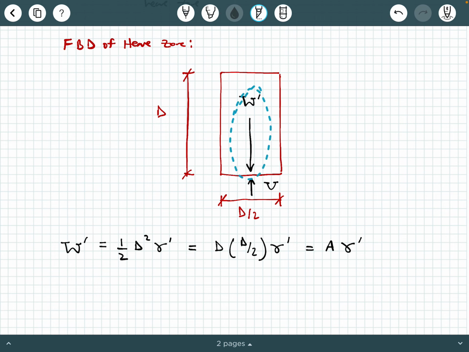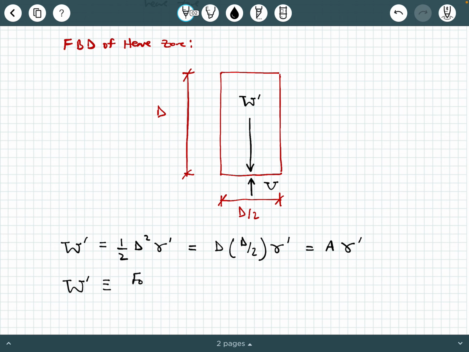So this W right here is coming in and out of the screen at you. This is on a per unit length basis, okay? So that's why it's not specifically divided by volume, and that's why we don't have volume times effective unit weight. So we're going to say this effective unit weight has units of what?